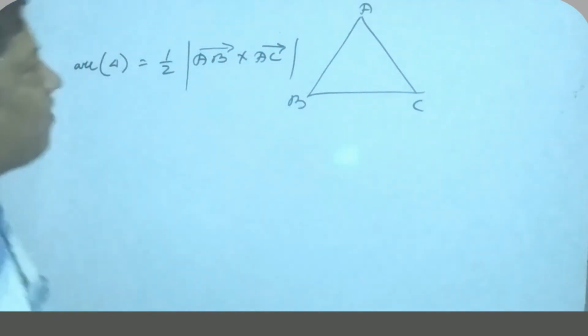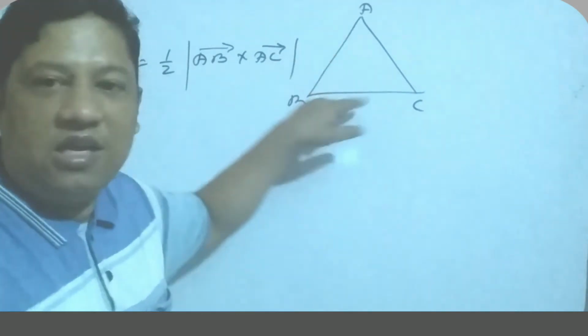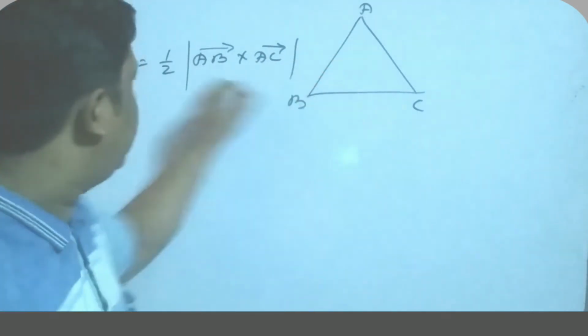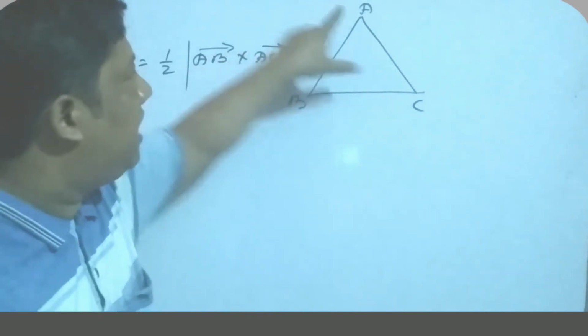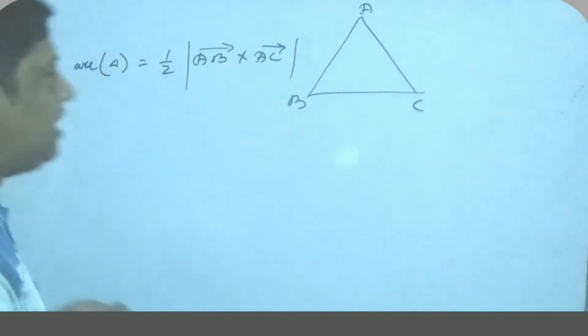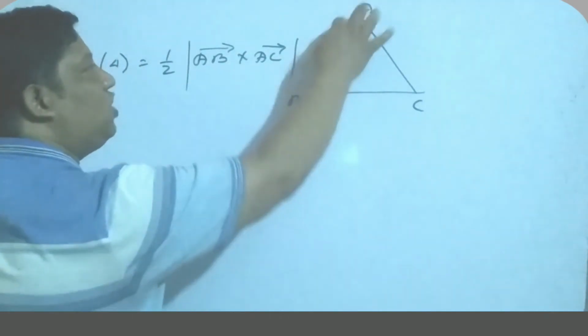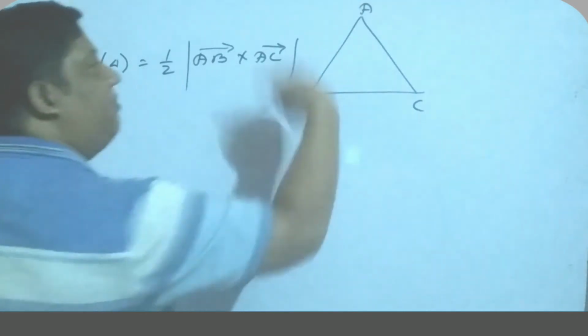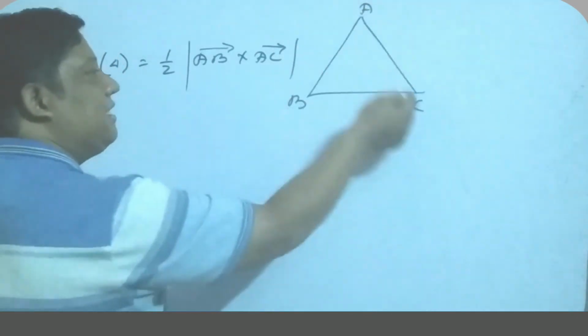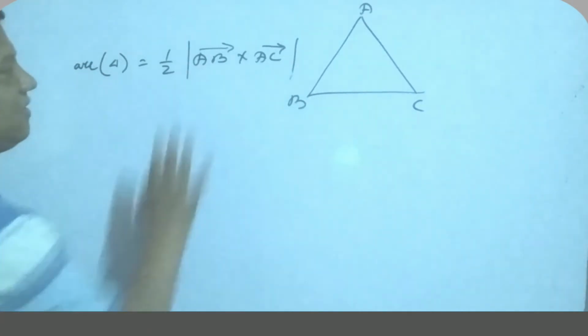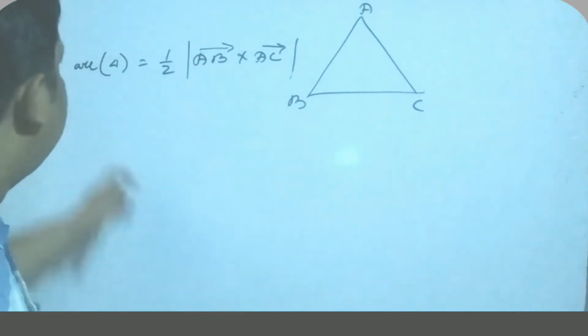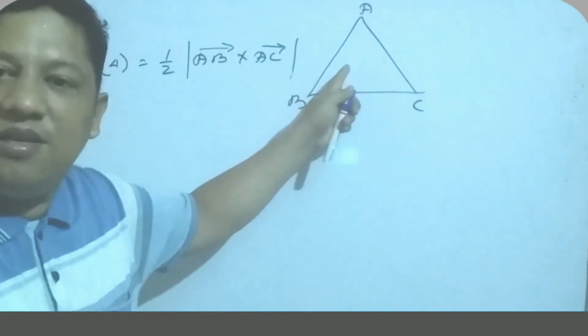Using this, you can find the area of the triangle. So how can you find AB? To find the position vector of AB, take B minus A, and for AC, C minus A. Using this, you can find the area of the triangle.